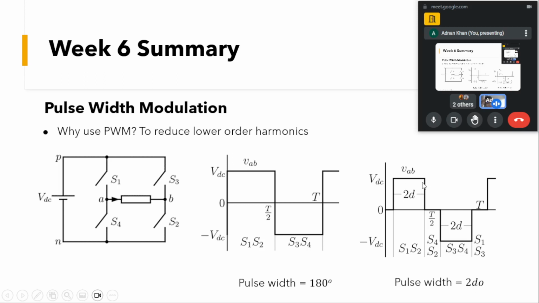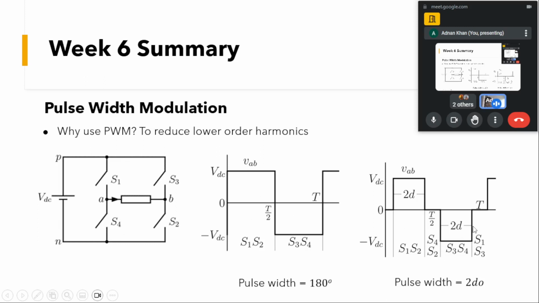You can see that we get VDC when S1 and S2 are on, and if you want to have 0 voltage, I need to turn on either S1 and S3 or S4 and S2. If I switch on S4 and S2, we'll have 0 voltage, and if I switch S1 and S3, still we'll have 0 voltage.